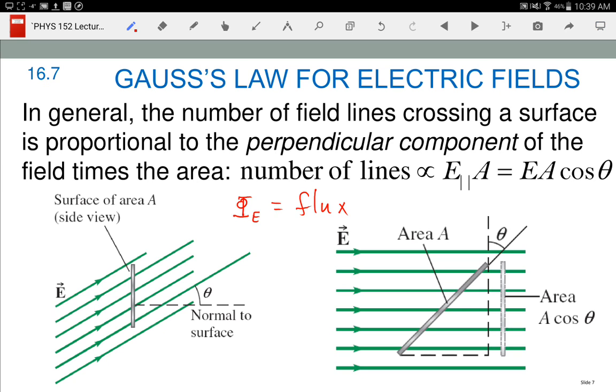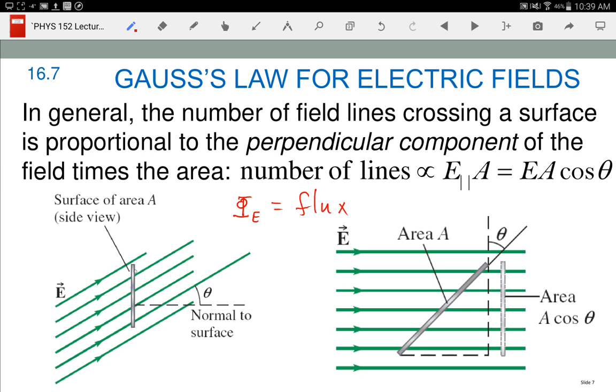And the flux is a measurement of how much electric field is coming out of your box. So the actual calculation is taking the area multiplied by the electric field that's coming out normal. Remember, normal is the three-dimensional word equivalent to perpendicular.